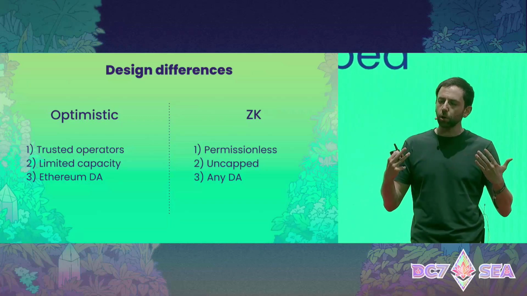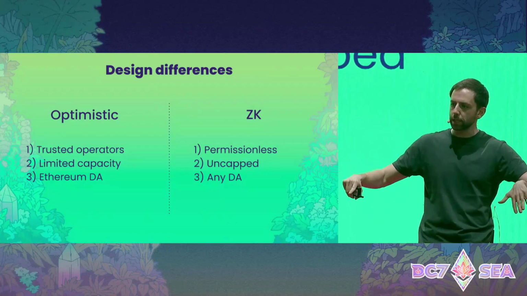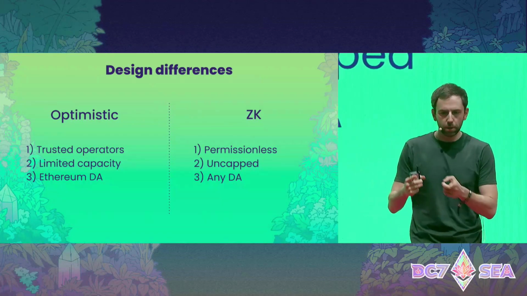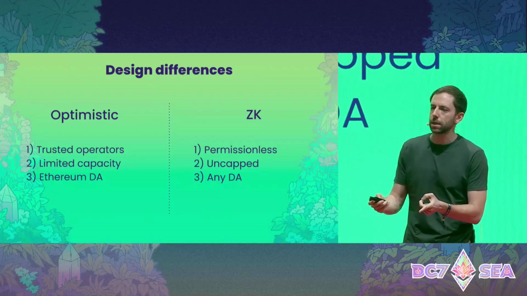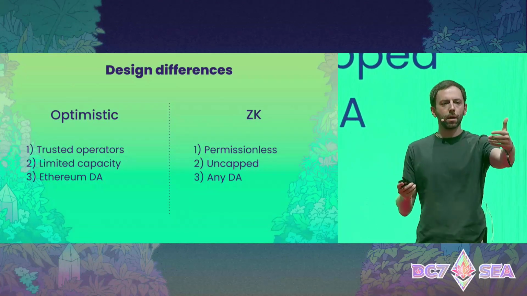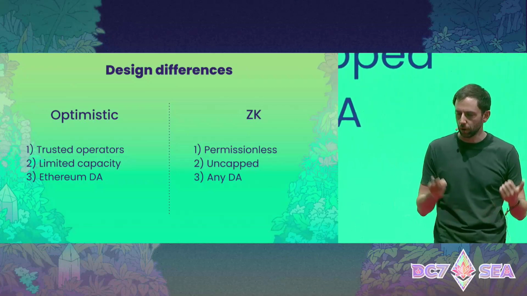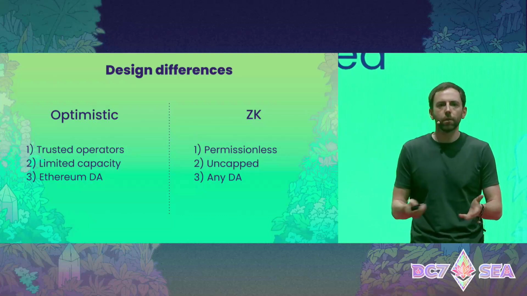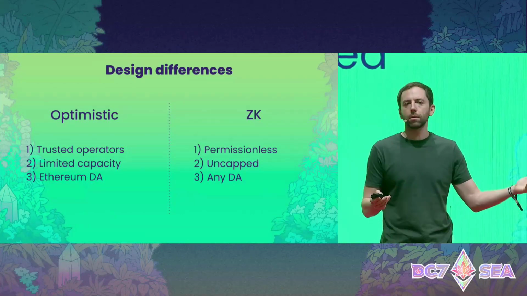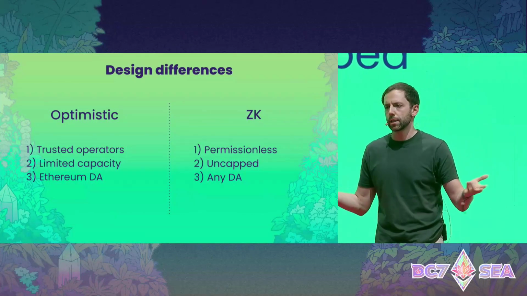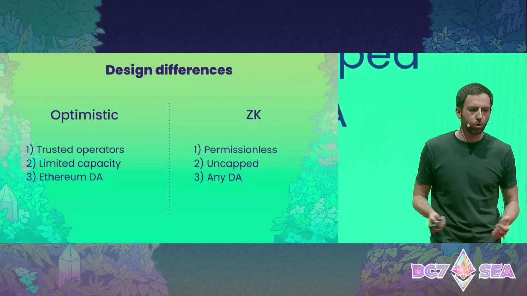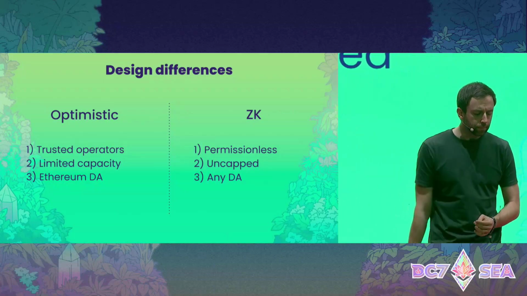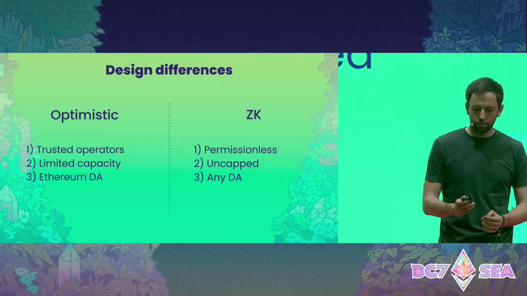Your security model is downgraded to the weakest link in the entire thing, because your full node will not be able to attest what happened on some chain where data is not publicly available through Ethereum. Whereas with the ZK cluster, the participating chains can use custom data availability solutions like Celestia, EigenLayer, whatever you choose as a builder.